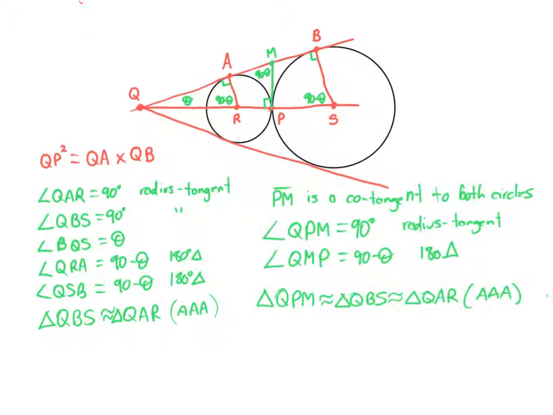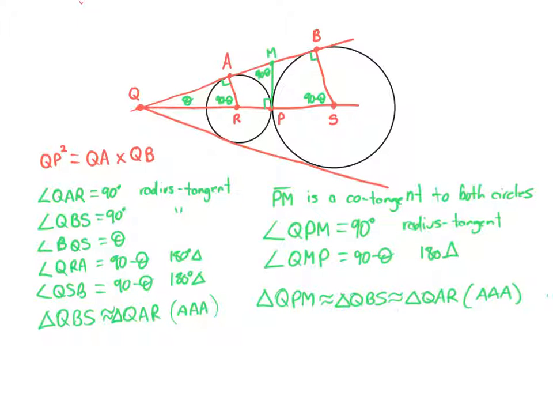So now that we've established that those triangles are similar, we know that the ratio of the sides is going to be the same. So that means that the ratio of the bases, we've got three triangles here. This triangle here, this triangle here, and this triangle here.